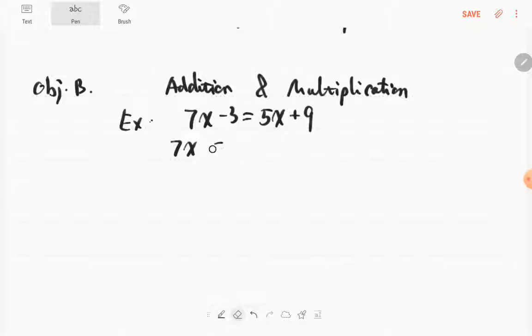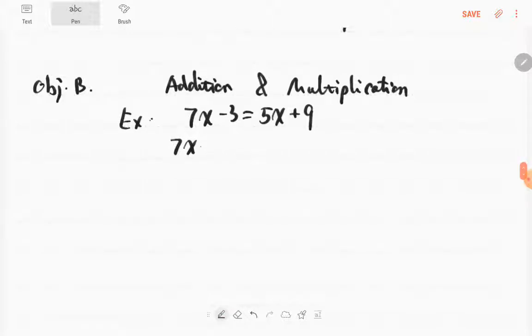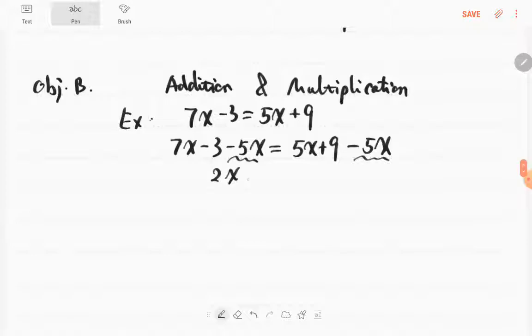Or if you want to, you can write it this way: minus 5x on both sides. Then we can combine the like terms on each side. So 7x minus 5x, I just have 2x minus 3. This time 5x minus 5x, only have the number 9.